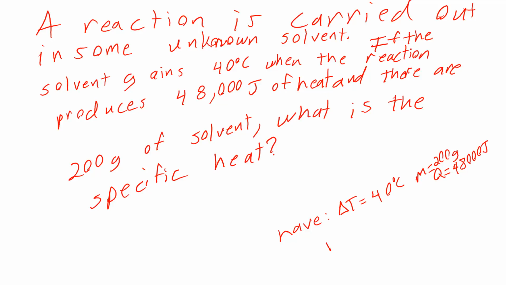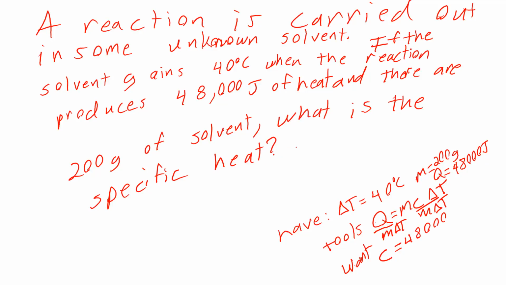And then tools: we have Q is equal to MC delta T. So if we were going to solve for C, we would divide both sides by M delta T, and we want C. So C is equal to Q divided by M delta T, which is 48,000 joules divided by 200 grams times 40 degrees Celsius.